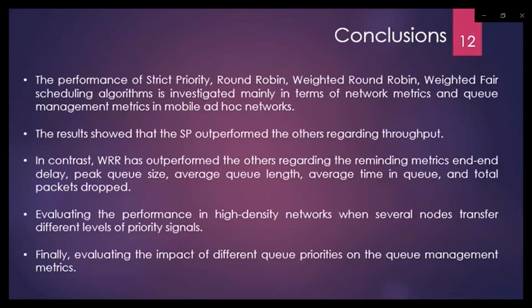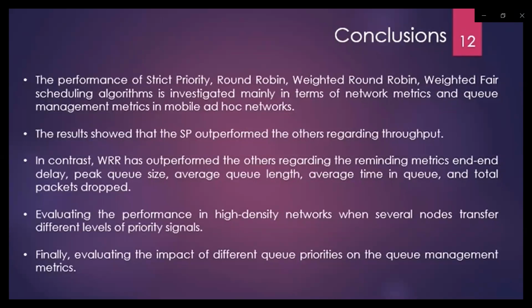As a conclusion, we can conclude from this work that the performance of the strict priority, round robin, weighted round robin, and weighted fair scheduling algorithms is investigated mainly in terms of network metrics and queue management metrics in mobile ad hoc networks. The results showed that SP outperformed the others regarding throughput.